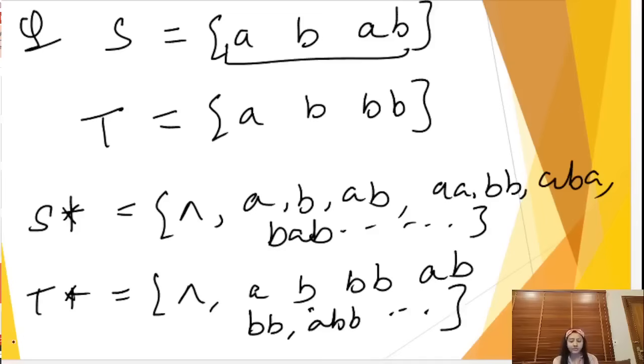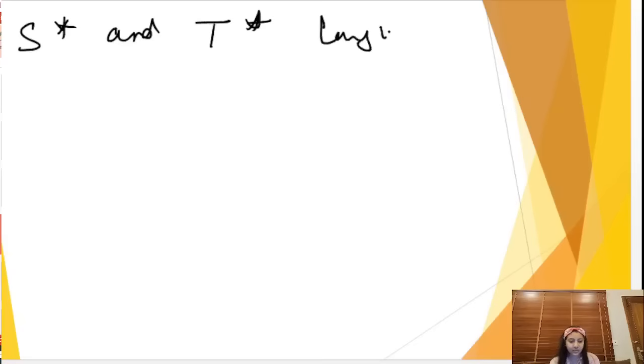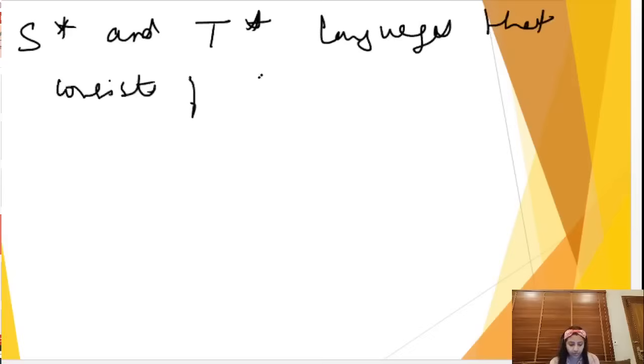So can we say that S star and T star are both languages? S star and T star are nothing but languages that consist of all strings of a's and b's.